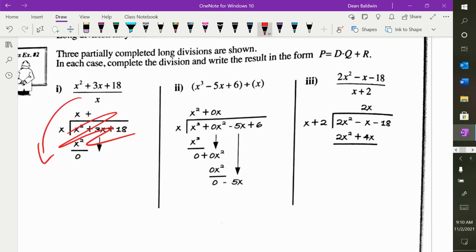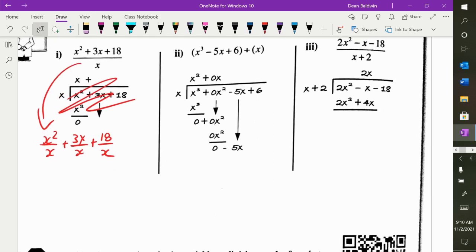I would just rewrite this, and you could do it in your head, like that. And then you just simplify it. X squared over x is x. 3x over x is 3. And 18 over x is just 18 over x, or 18 times x to the minus 1.